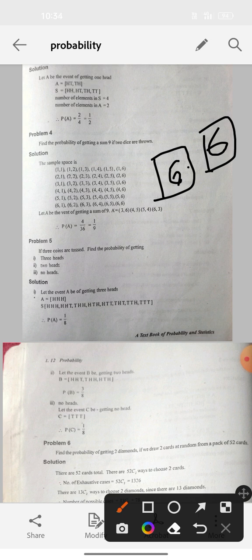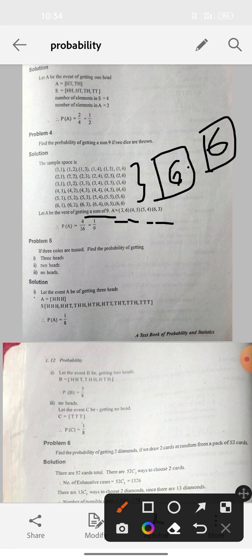Now coming to the sum of 9. From this, where do you find the sum of 9? You can pick whichever pairs sum to 9. So 3 and 6, 6 plus 3 is 9, and 4 and 5, 5 and 4. So the sum of the two numbers gives 9, and we have selected those.